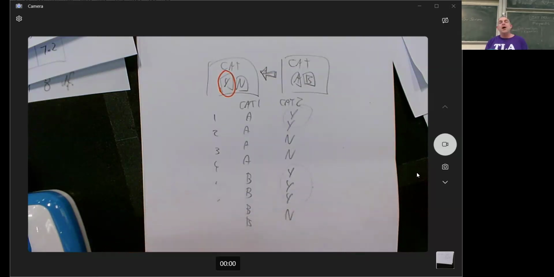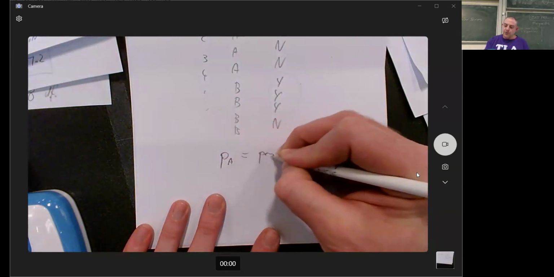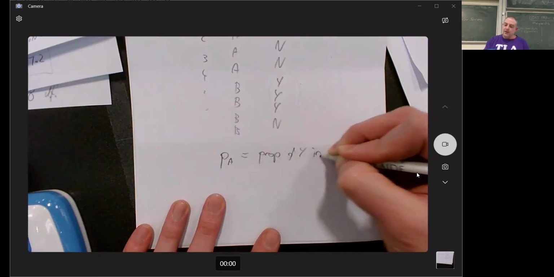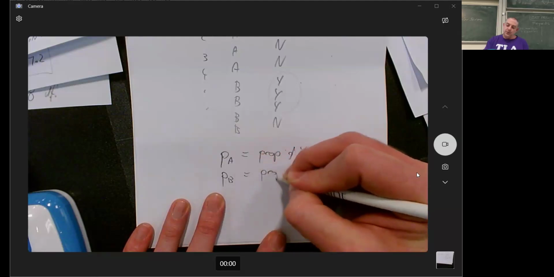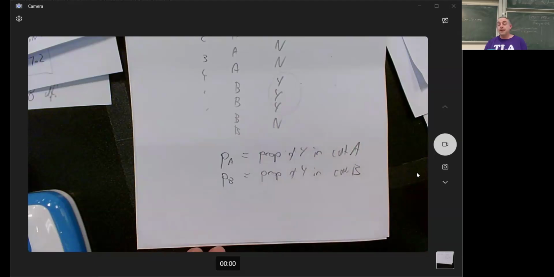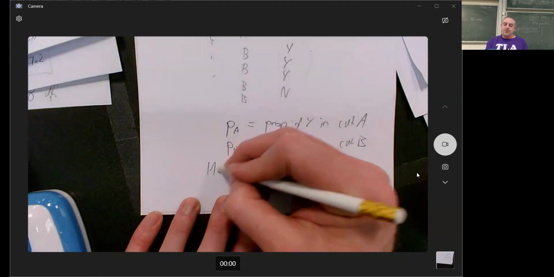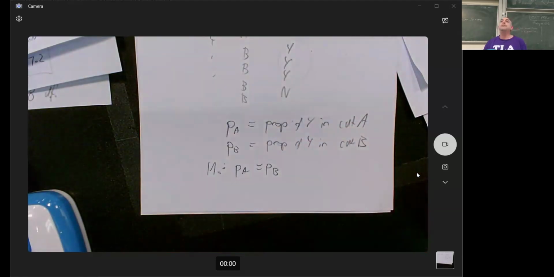But because the way I tell this story is as percentages, I can pitch my story as being about proportions. I can say that PA is the proportion of yes in category A, and PB is the proportion of yes in category B. And then my null hypothesis can be that those 2 proportions are the same.